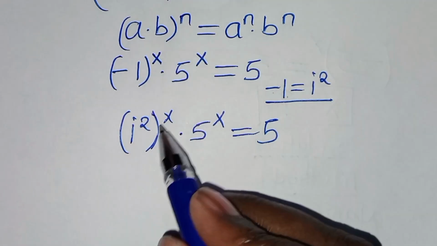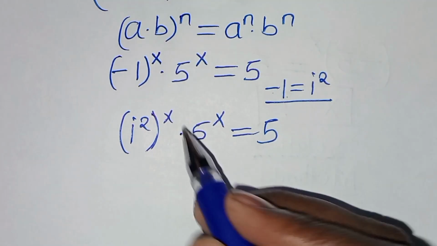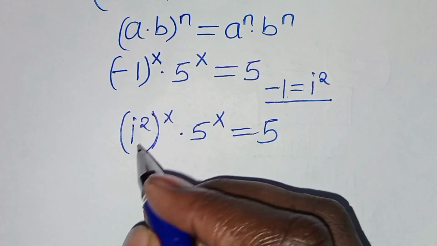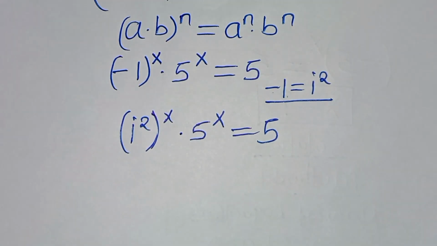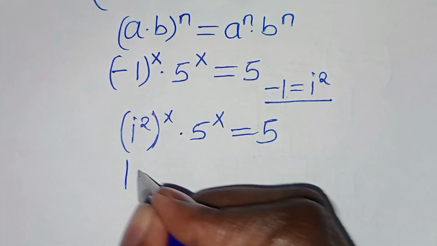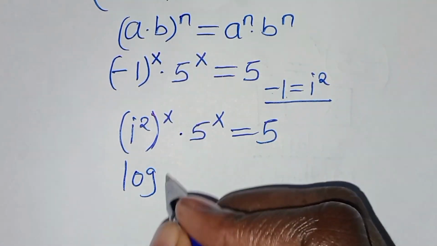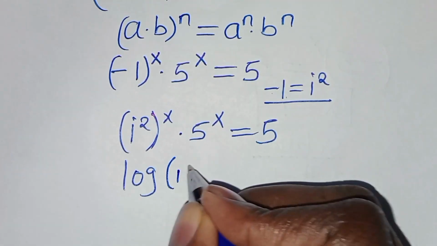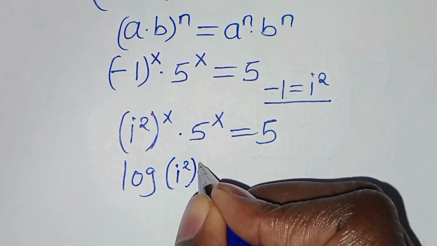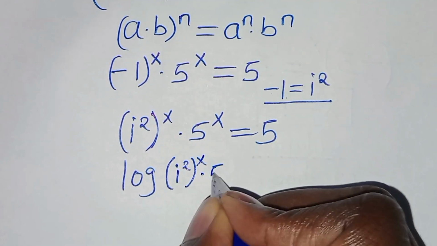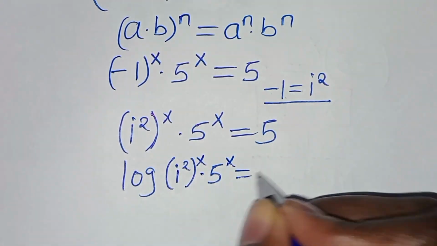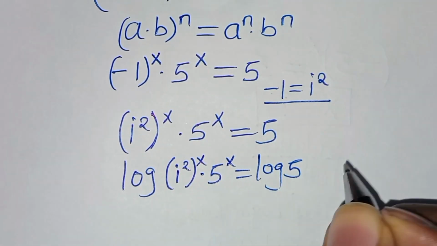Now, you find that to solve for x here, we introduce logarithm on both sides, so that now here we have log. This is the same thing as log of i squared raised to power x times 5 to power x. This is equal to log 5.